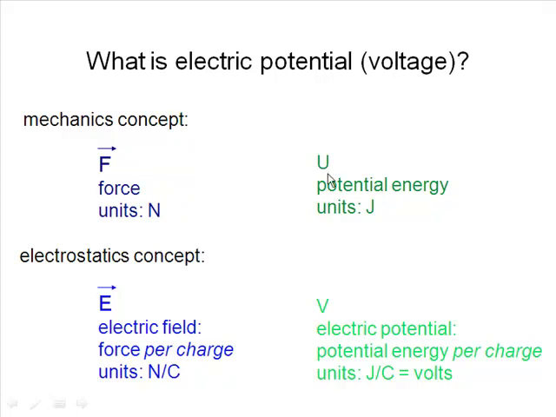Now, something I like to point out here, just like we had electric field, we've talked a lot about an analogy with gravitational field, where you'll remember that gravitational field was the force per unit mass measured in newtons per kilogram. Well, we could do something then for gravitational potential. Gravitational potential energy was mgh.